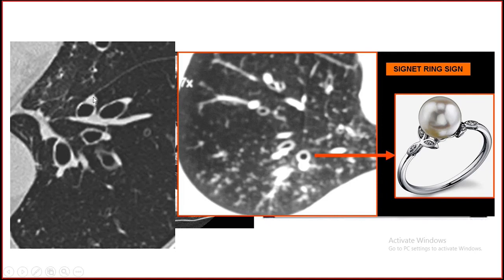The diameters of the pulmonary artery and the adjacent bronchus should be almost equal. It's about 0.8, but it should be at least 1 to 1. But if the bronchus is dilated more than the adjacent pulmonary artery, or the diameter is increased, that means it is dilated. That forms this signet ring. The gem of the ring is the normal pulmonary artery branch, and the dilated bronchus is the ring of the ring.